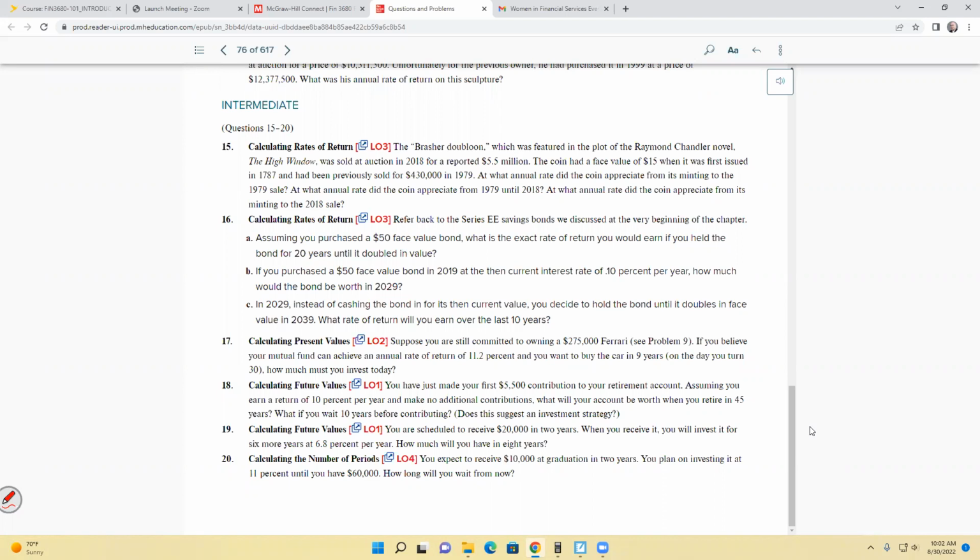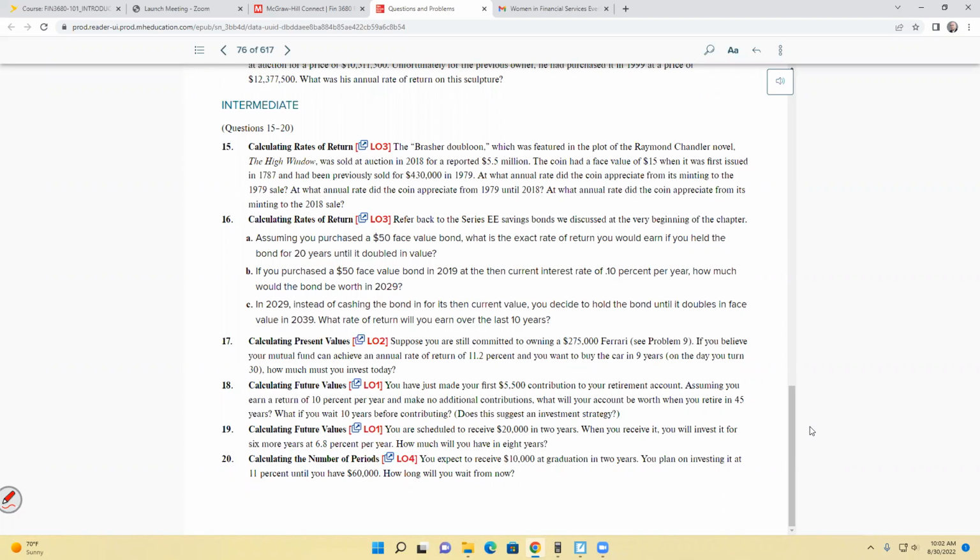All right, let's look at the next one here. We've got the Brasher Doubloon, featured in the plot of Raymond Chandler's novel The High Window. It sold at auction in 2018 for $5.5 million. It had a face value of $15 when it was first issued in 1787, and it previously sold for $430,000 in 1979.